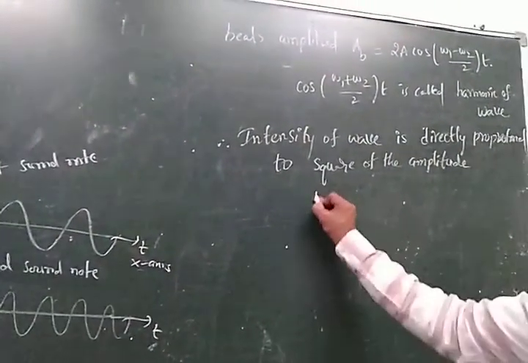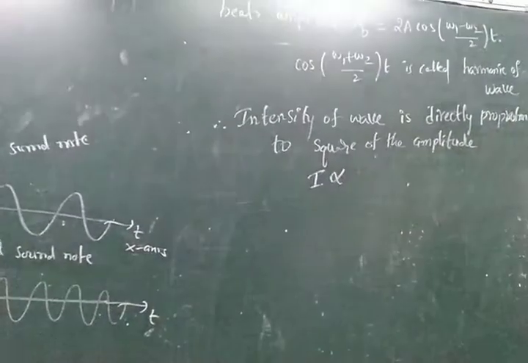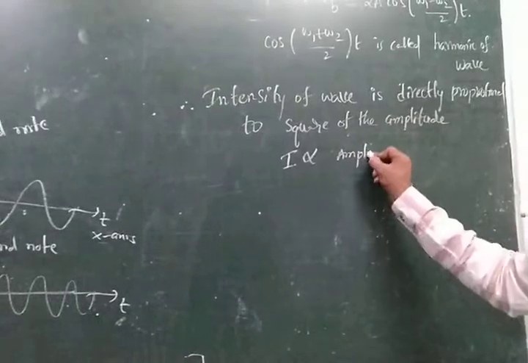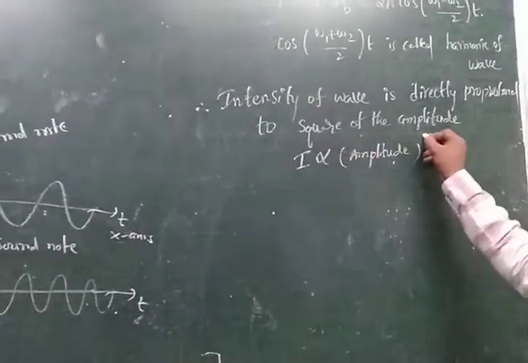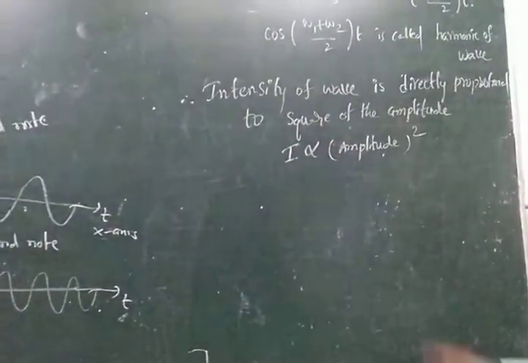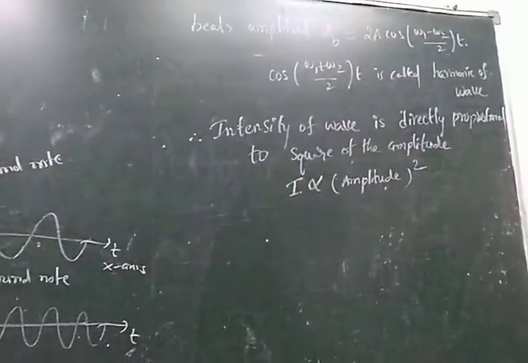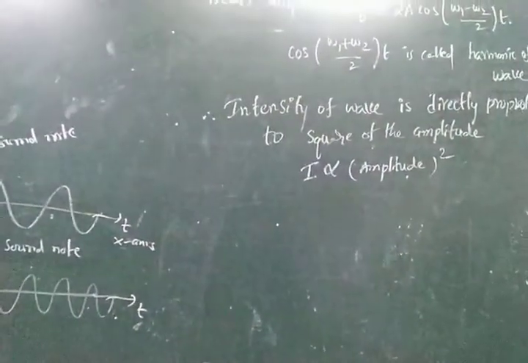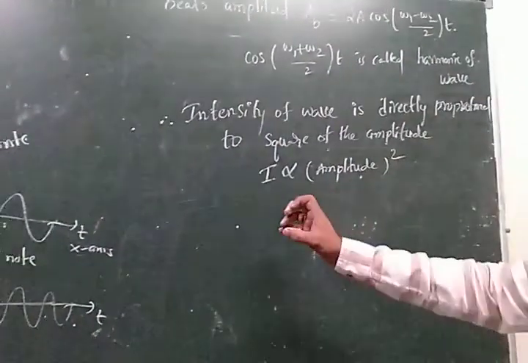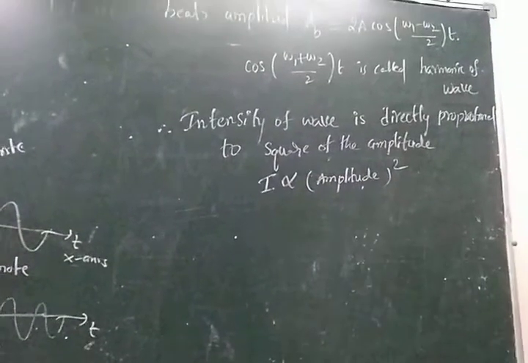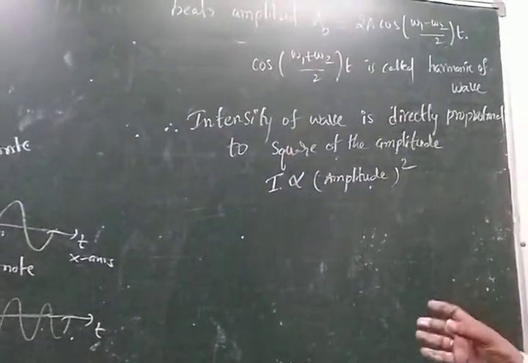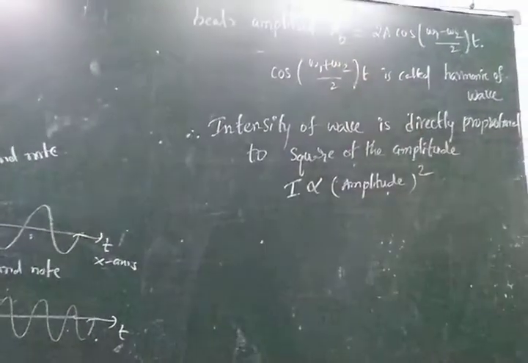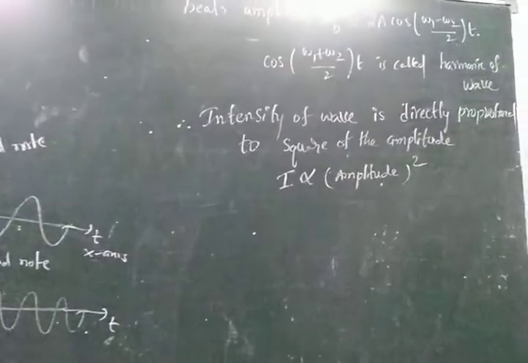That is, I is directly proportional to the square of the amplitude. Now write here the amplitude squared. Now the intensity will be increasing, and the amplitude can also be increasing. Based on the intensities and amplitude, we can find the maximum and minimum of a wave. The maximum is nothing but using the beat amplitude.